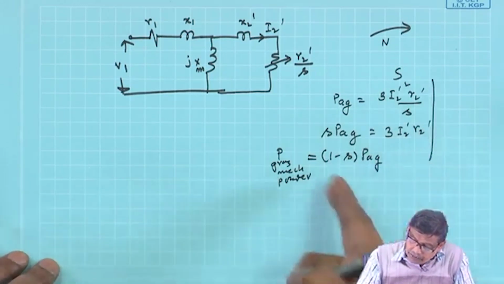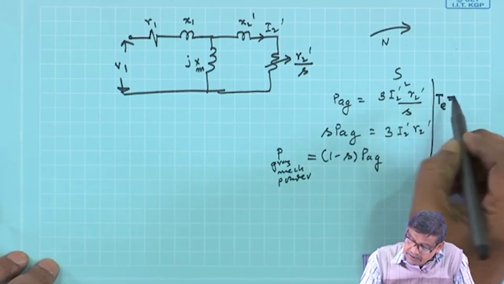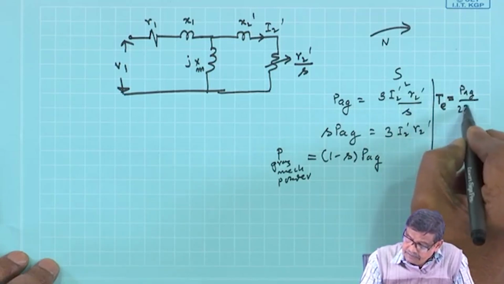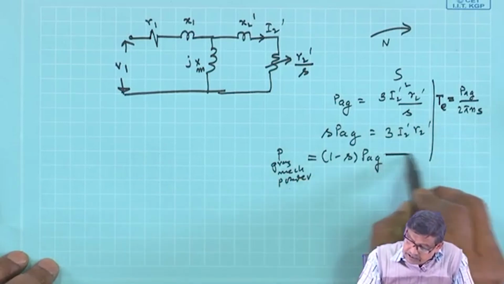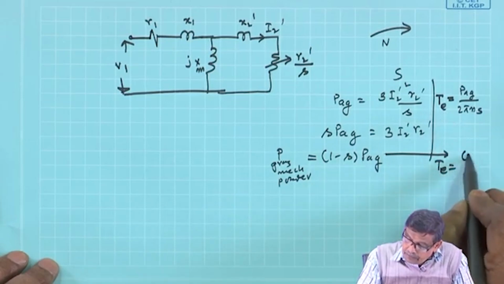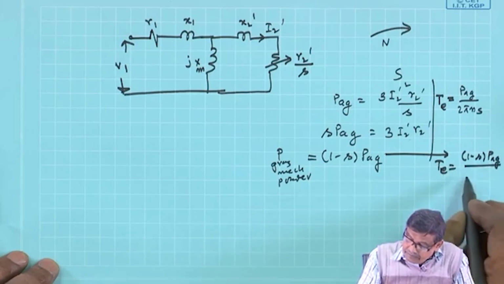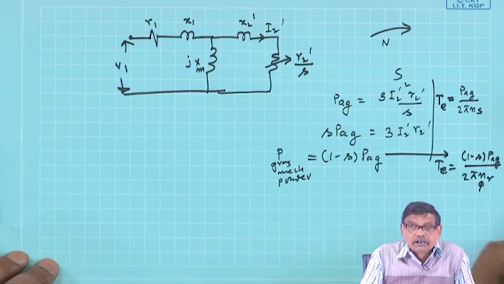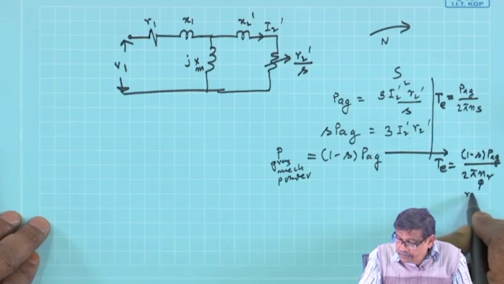If you want to calculate the torque developed by the machine, it will be PAG by 2 pi ns, that is all. Or from this expression, the same T will be (1 minus S) into PAG by 2 pi nr, where nr is the actual rotor speed in RPS.